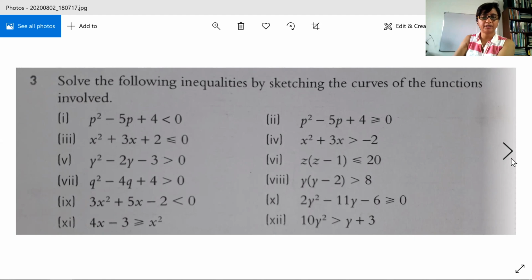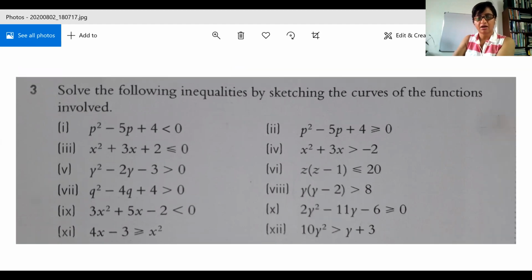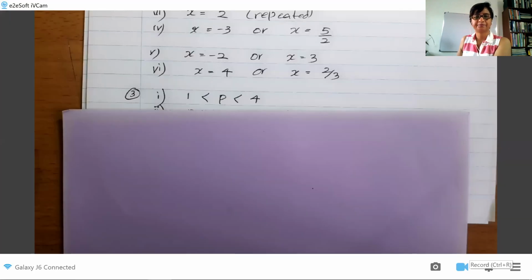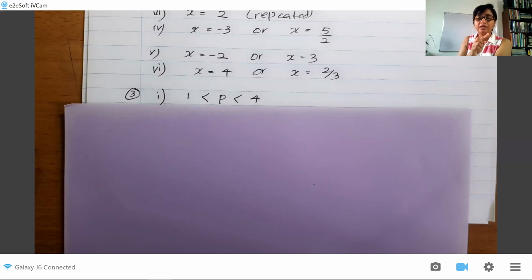So number 3, solutions are, number 3, part 1. P is between 1 and 4, excluding 1 and 4. What do I mean by excluding? 1 and 4 are not included. You don't have the equal sign for 1 and 4.